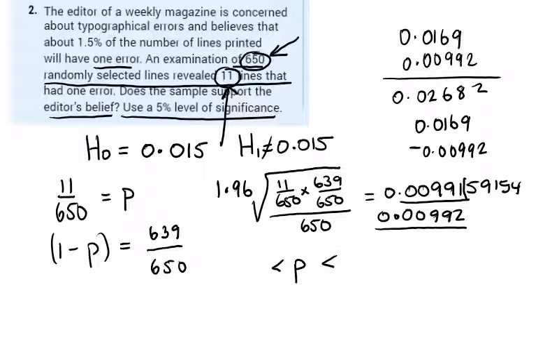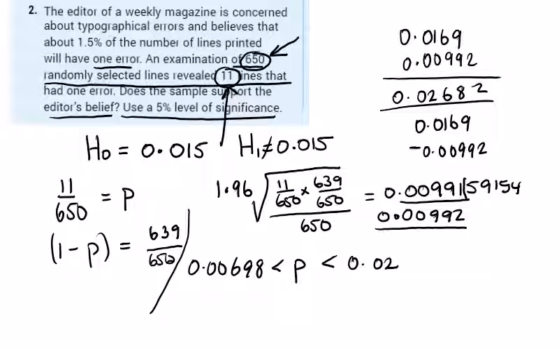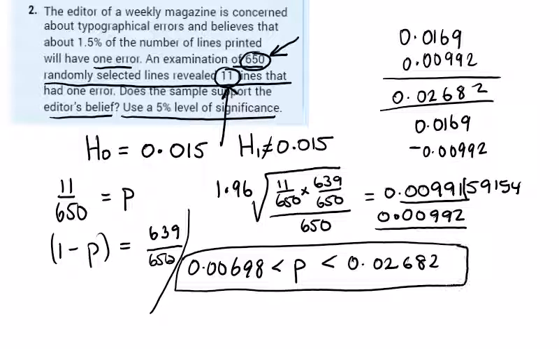I'm going to write it on the left down here. Let's get rid of that 650, just make it smaller. So on the left down here, I'm getting 0.00698, and all the way up to 0.02682. So this is my interval.